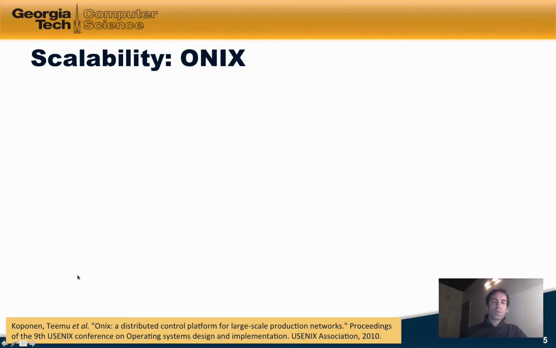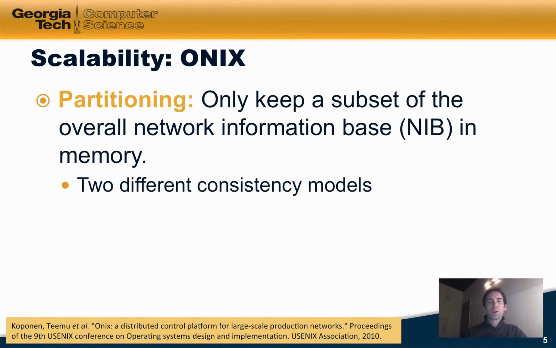The ONIX network controller applies a couple of related principles to handle scalability problems. The first is partitioning, whereby an ONIX controller might actually only keep track of a subset of the overall network information base or network state in the network, and then apply various consistency protocols to maintain consistency across different partitions.